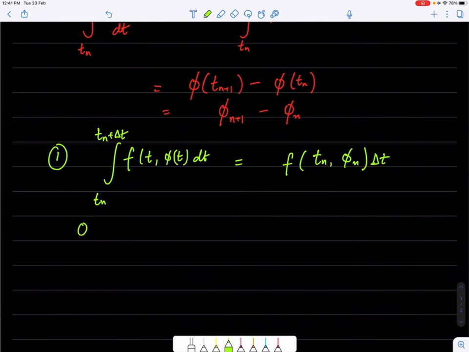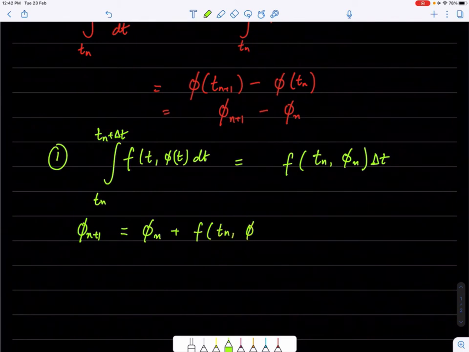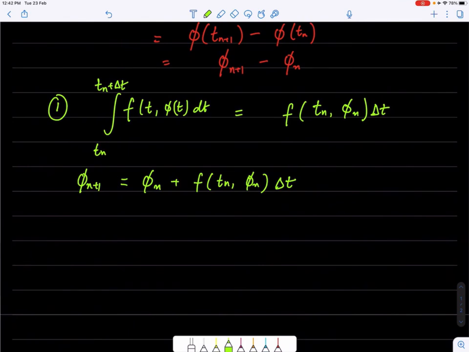This would mean that phi n plus 1 could be written as phi n plus f(tn, phi n) delta t. Physically, we evaluate the derivative of the function phi at the last known value and then use it to approximate the new value. This method is called the explicit or forward Euler method.